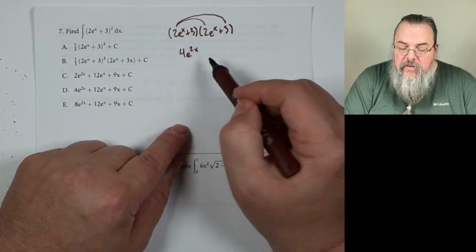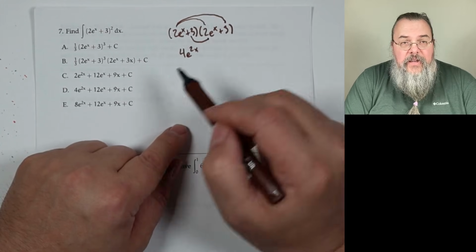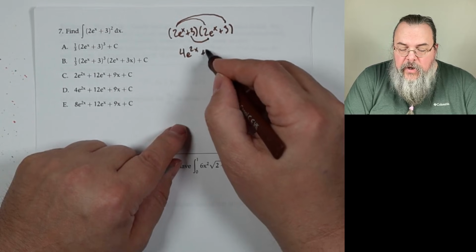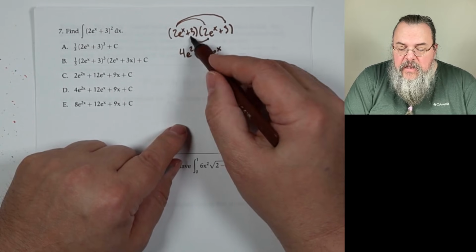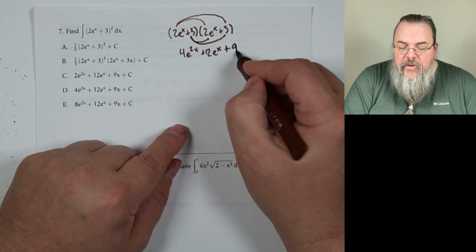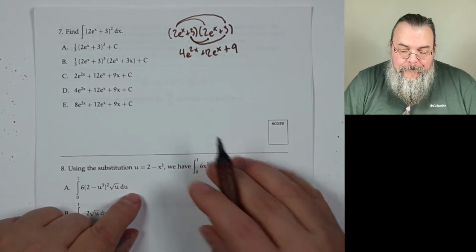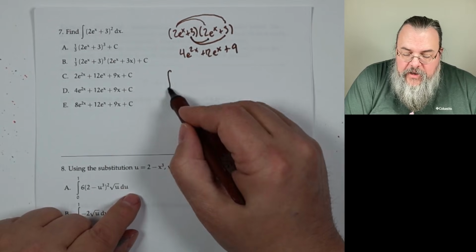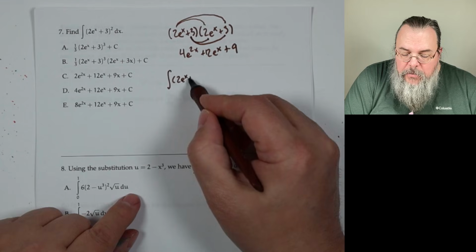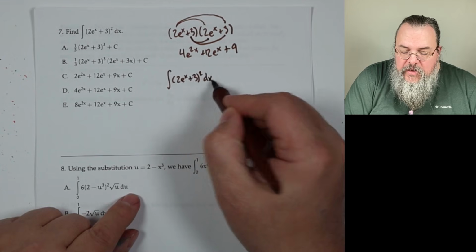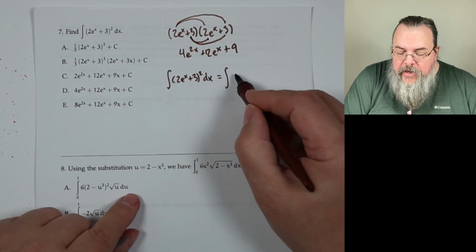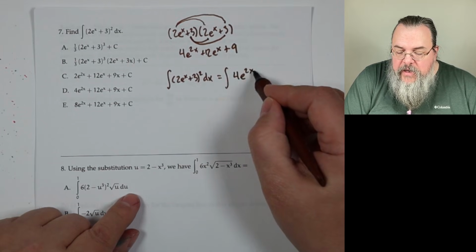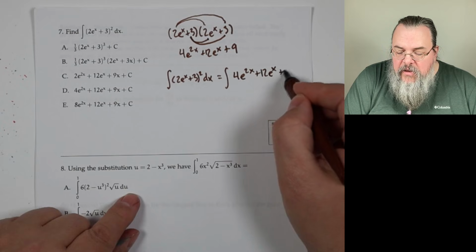Then a 6e to the x and another 6e to the x, giving us 12e to the x, and then a plus 9. So in other words, we just foiled here. Yep, we foiled their plans to trick us because we will not go down. We will figure it out. 4e to the 2x, 12e to the x, plus 9.